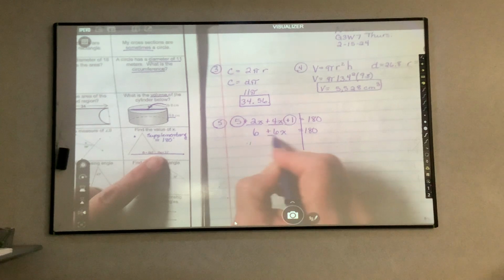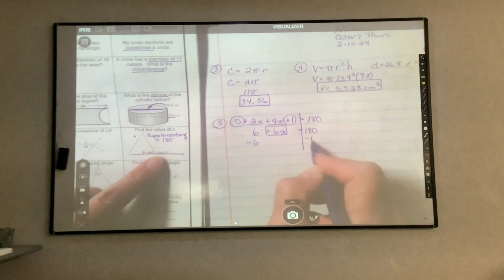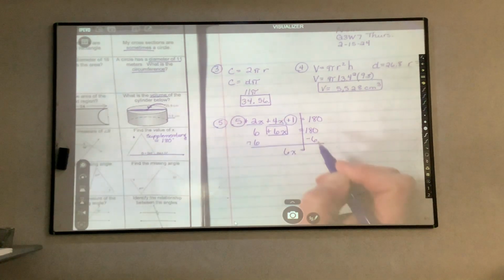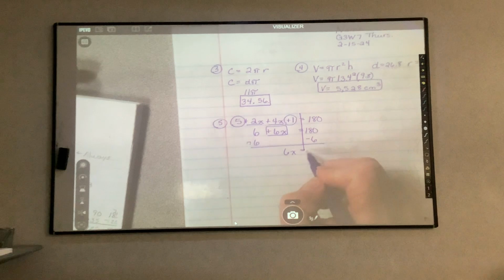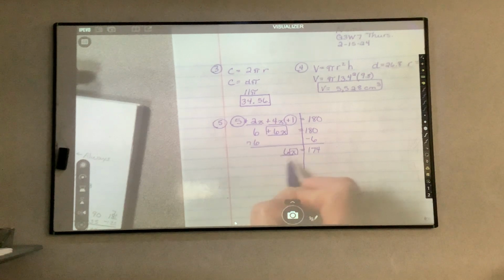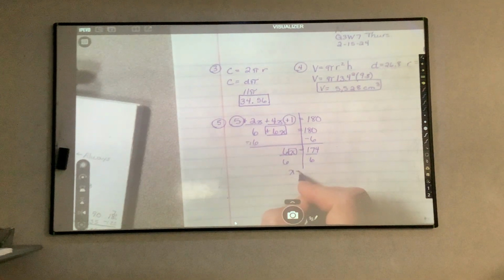Then I'm going to box the 6x, and I'm going to subtract 6. So 6x equals 180 minus 6 is 174. Then I box the x, and I divide by 6. So x is going to equal 29.